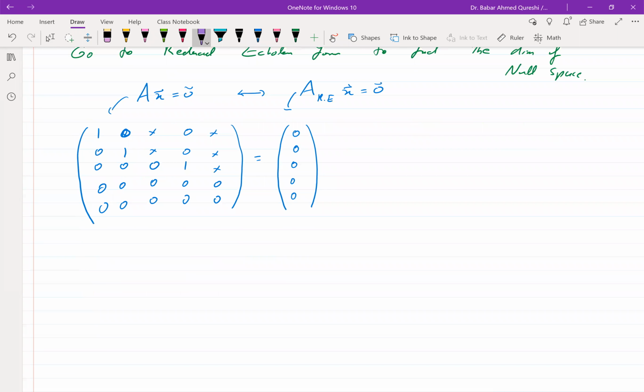So how many free variables do you have? If you have an m by n system, you have a total of n variables, so the free variables number n minus r, right? You just subtract the lead variables, the rest are free.